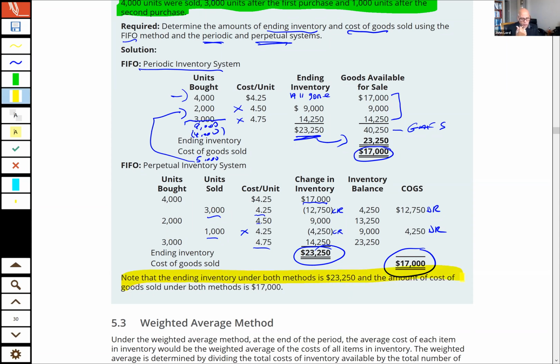Inventory and cost of goods sold amounts don't change from the perpetual to the periodic, because we assume that everything was sold at the first in, first out. And so there's no situation here where we're going to have to consider amounts being sold other than the order that they came in.